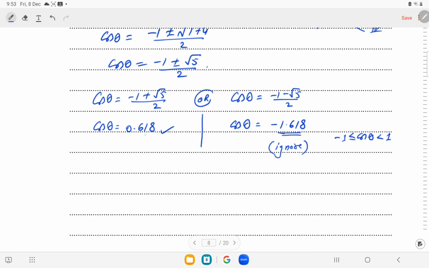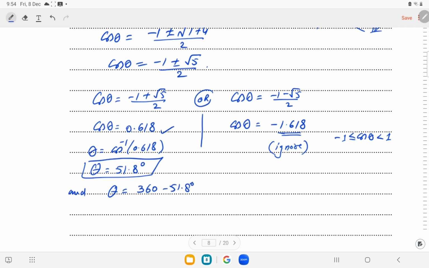So we'll only take values from here. So theta comes to be cos inverse of 0.618. Make the calculator on the degree mode. So shift cos, I will get theta is equal to 51.8 degree in the first quadrant, and for the fourth quadrant the other solution is 360 minus 51.8 degree.